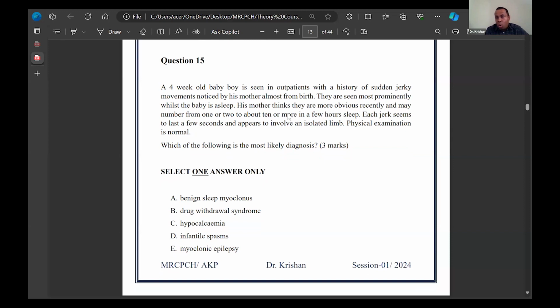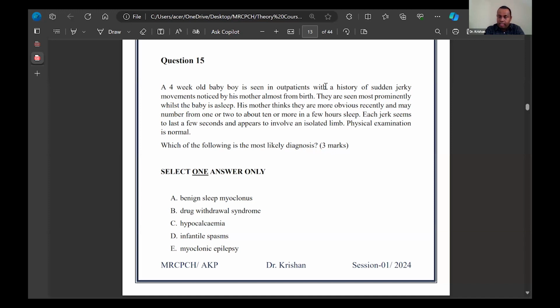His mother thinks that they are more obvious recently and may number from 1 to 2 to about 10 or more in a few hours of sleep. Each jerk seems to last for about few seconds and appear to involve an isolated limb. Physical examination is normal. Which of following is the most likely diagnosis?